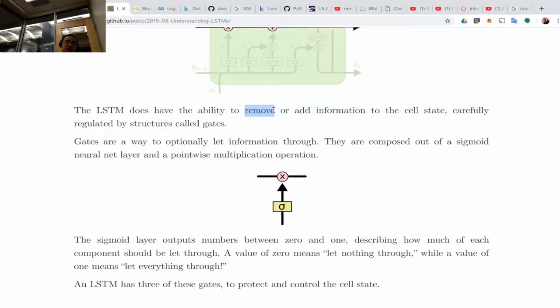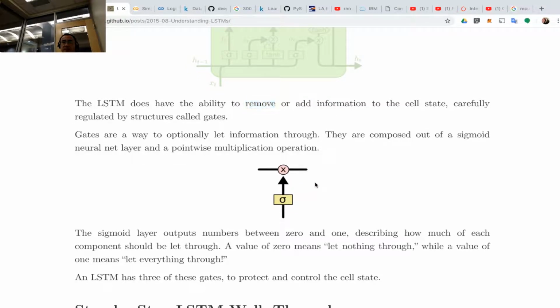I can imagine how it adds, because when you multiply, you're kind of adding some information. I do not know how you remove it. I guess when you multiply it by a variable, does it make it less, like a fraction, for example?